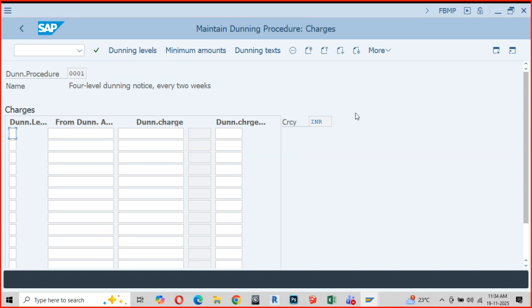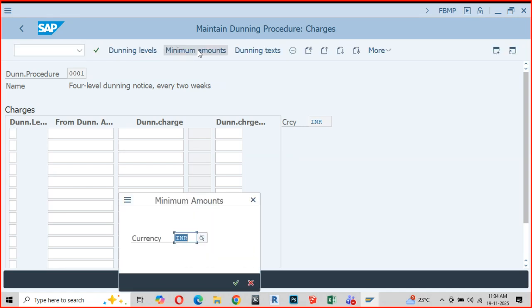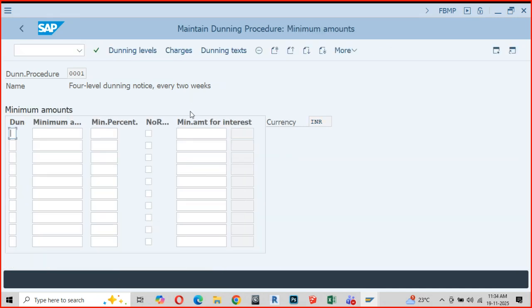Now, minimum amounts. What is this minimum amount? For the first level of dunning, I might set a minimum due. Let's say for the first level, the system should not dun unless and until the customer accumulates 5 lakh rupees. An outstanding of 5 lakh rupees is the basic minimum requirement for the system to dun for the first level.